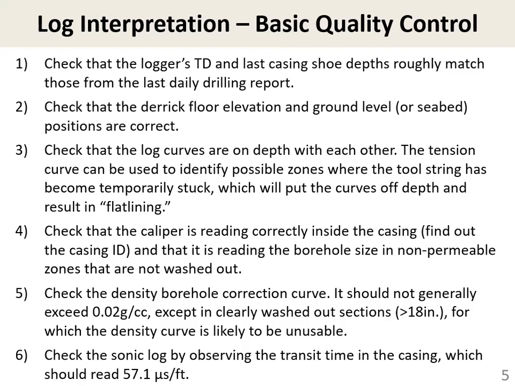And usually when you have the density borehole correction curve really exceeding those values, going to 0.2 and larger values, you just discountenance interpretation at those intervals. For the sonic log, in the casing, the transit time should read 57.1 microseconds per foot.